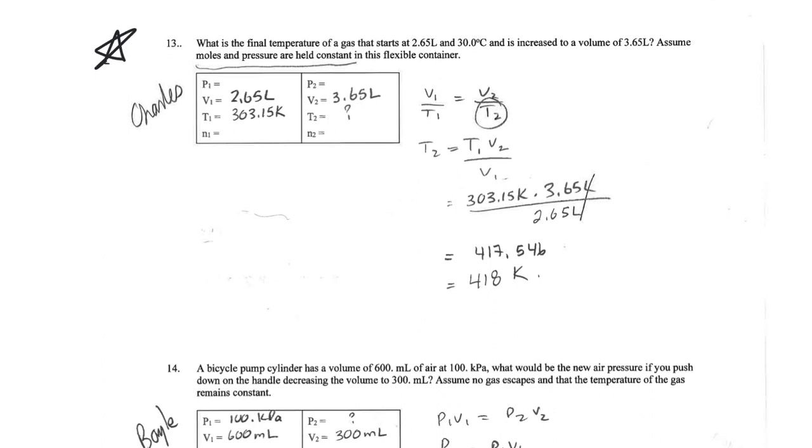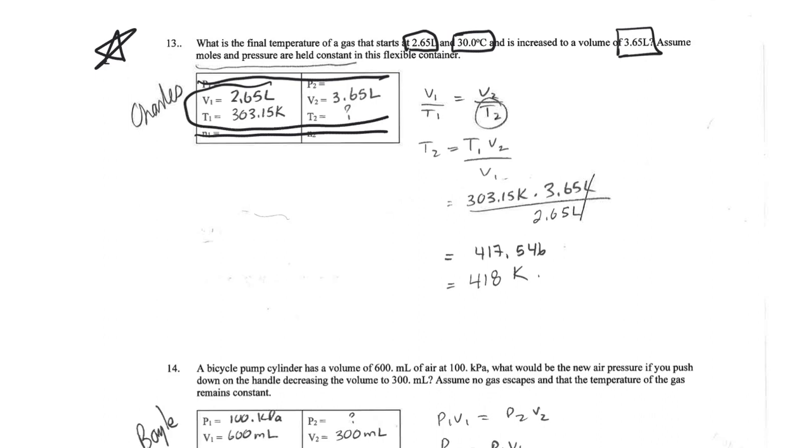And then the last question that you had was number 13. What's the final temperature of a gas that, let me zoom in. So it starts at this volume and this temperature, and it increases its volume to this, and they want to know what the final temperature is. The pressure doesn't change, and the temperature and number of moles don't change.